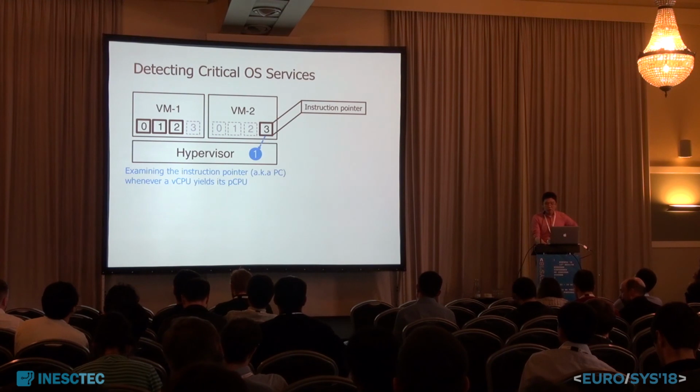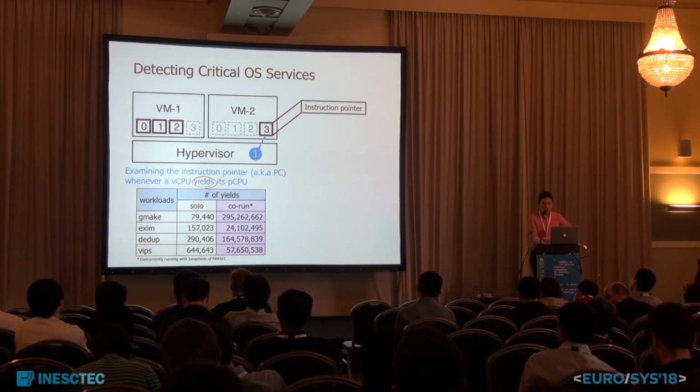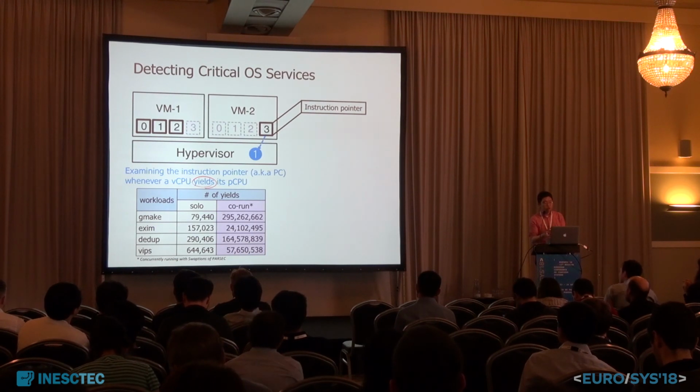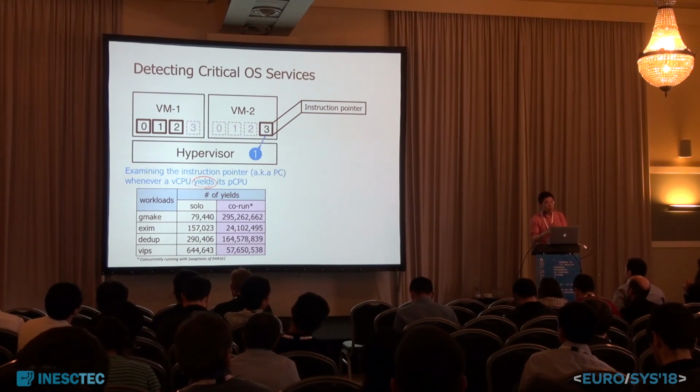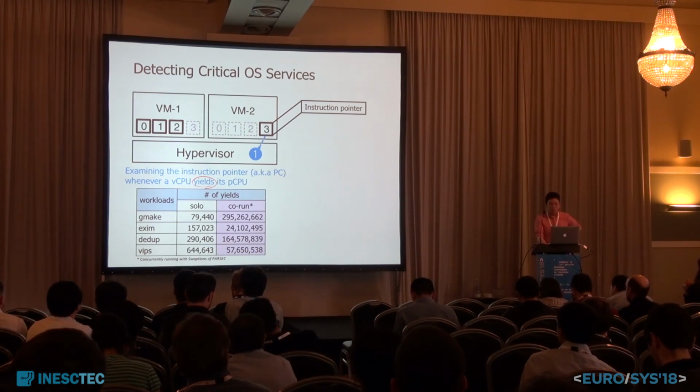The reason why we focus on the yield exception is that in a consolidated environment, the number of yield exceptions is soaring. Basically, a yield is supposed to occur when there is no work to do, or somehow it cannot make forward progress. So we need to pay attention to the yield events.